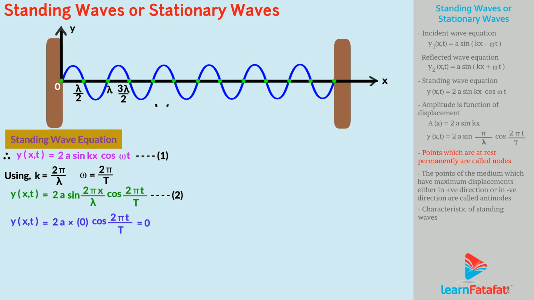Thus, the points of the medium which have zero displacement at all times, those points which appear to be at rest permanently, are called nodes. Here, the particles of the medium do not vibrate. For example, at both ends of a stretched string, vibration is 0.